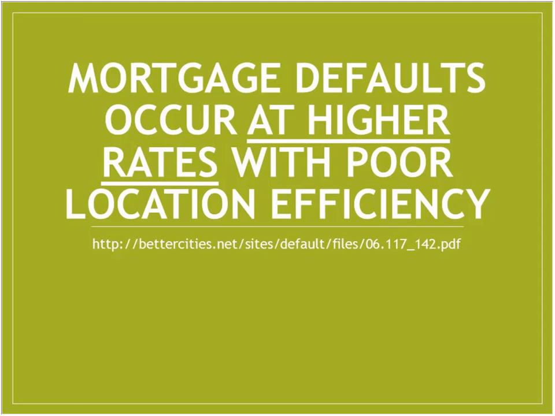So one of the things I wanted to start out with is this concept of location efficiency, and the idea is that there's been studies showing mortgage defaults occur at higher rates with poor location efficiency.